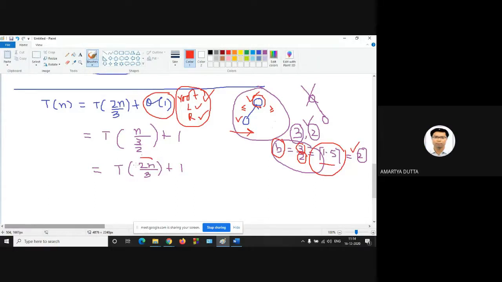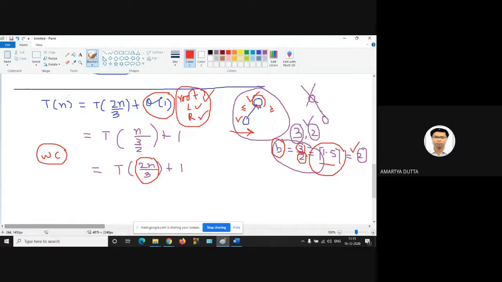So Tn is equal to T of 2n by 3. So this is the worst case behavior. From worst case behavior, we can get the recurrence relation for the heap. And heapify is maintaining the heap property every time, that is, your root should be greater than your left and right in case of max heap.